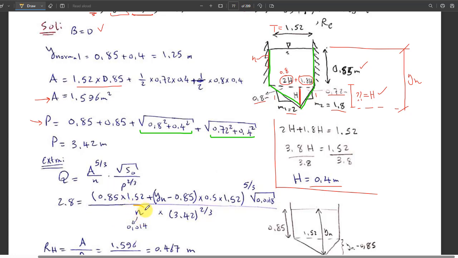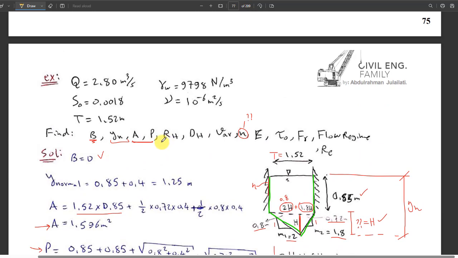If you go and check yn, maybe it is given as 0.014, I'm not sure. If it is given, then this solution will be an extra part to get yn, because it seems I wrote it for yn as an unknown. Okay? Anyway. Forget about this extra part.